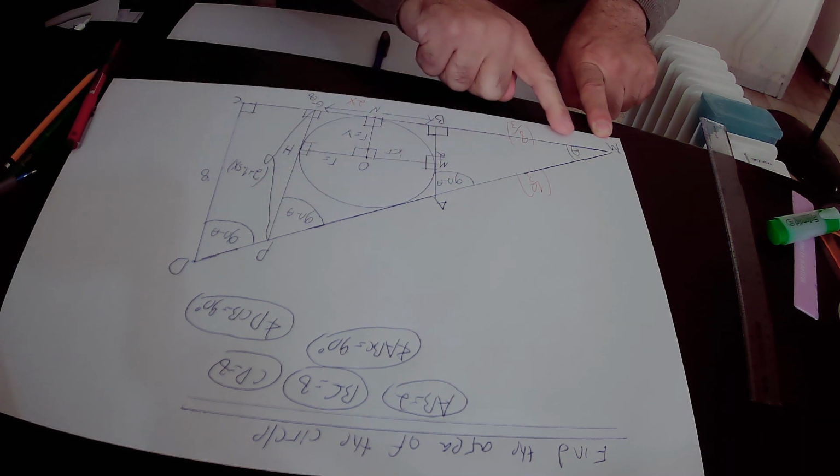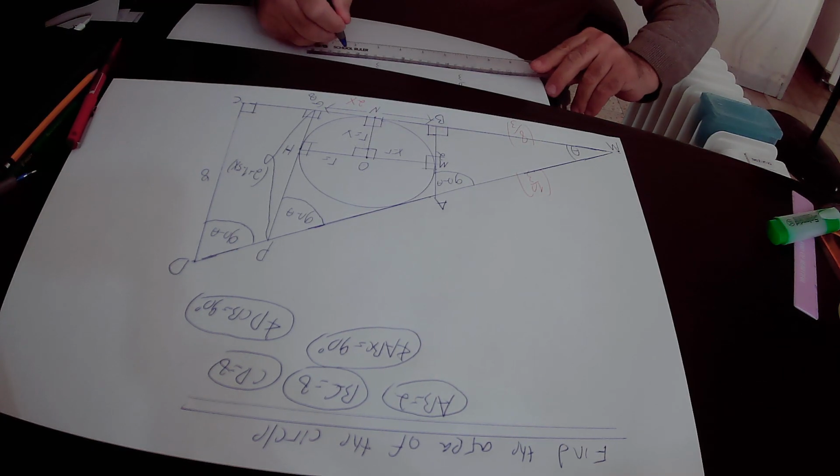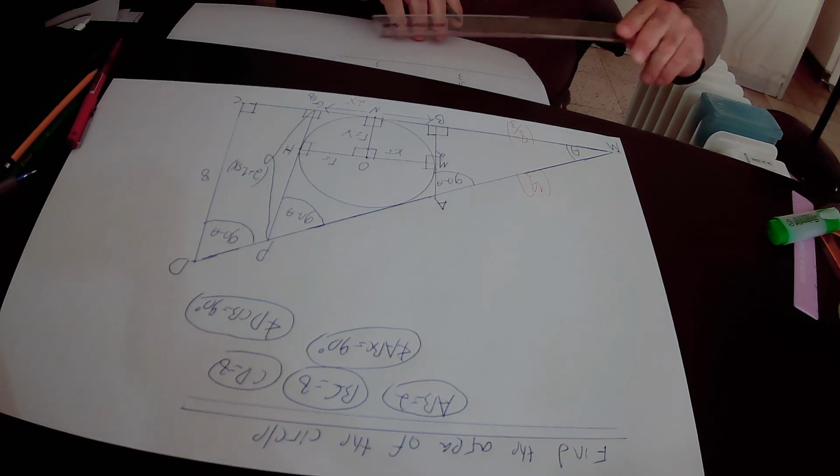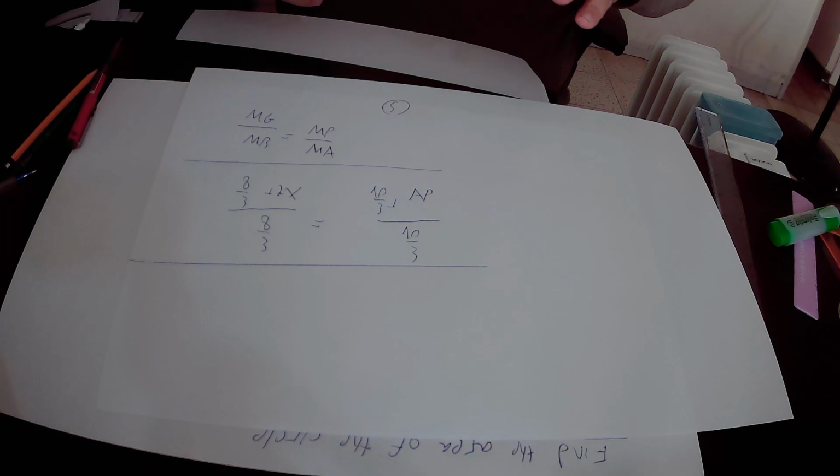That is to say, it is equal to MA, that is 8 over 3, plus AP. AP is the missing variable. Over MA is 10 over 3. Repeat again. So we got this equation.